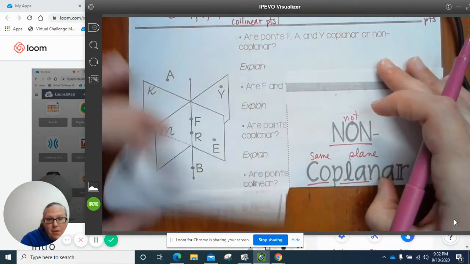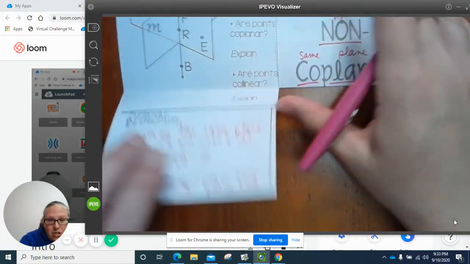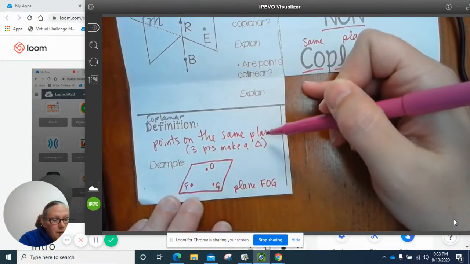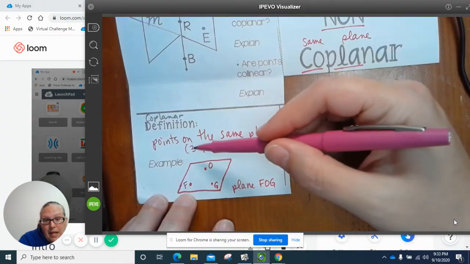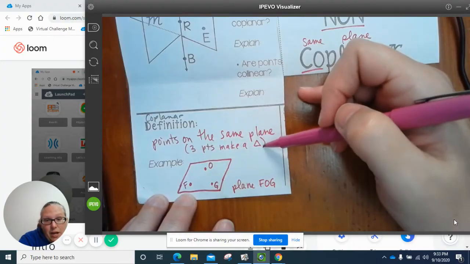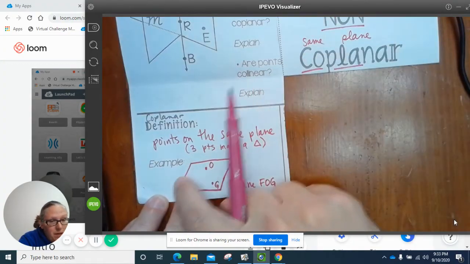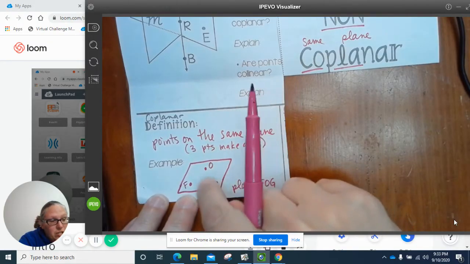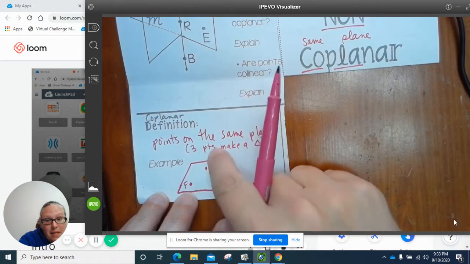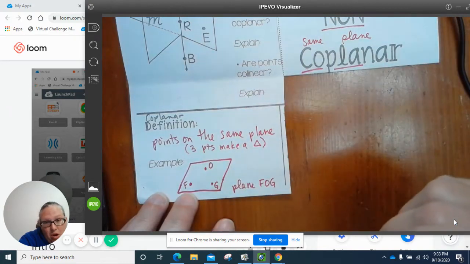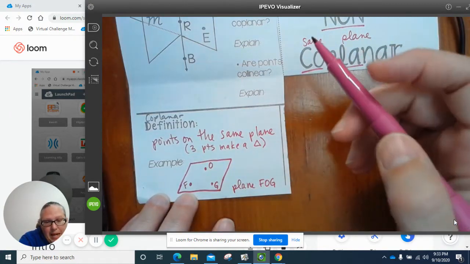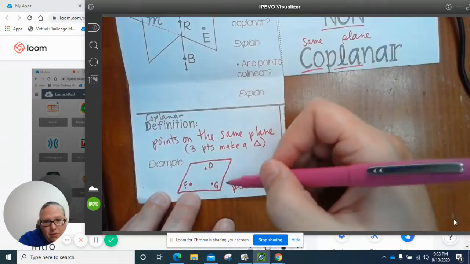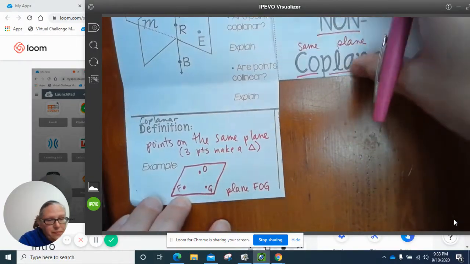Okay, so an example of that, I'll get my definition here. Any points that are on the same plane. Any 3 points that make a triangle will be coplanar, even if they don't have this plane drawn around the outside of it. If I just took 3 points and I made them in the shape of a triangle, they will be coplanar. I could put a plane there. Okay, so this plane FOG is coplanar.